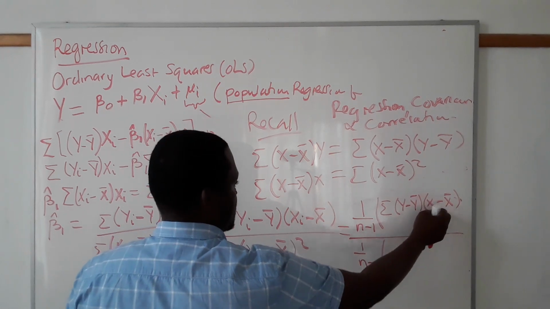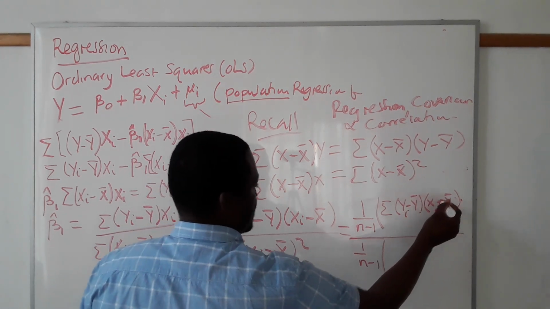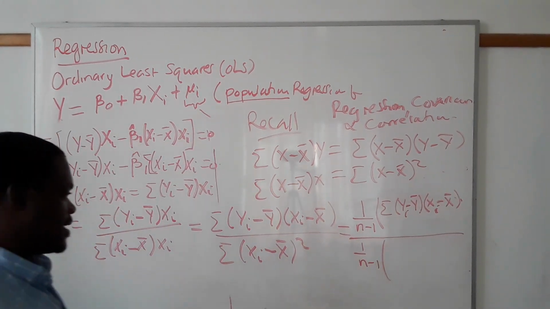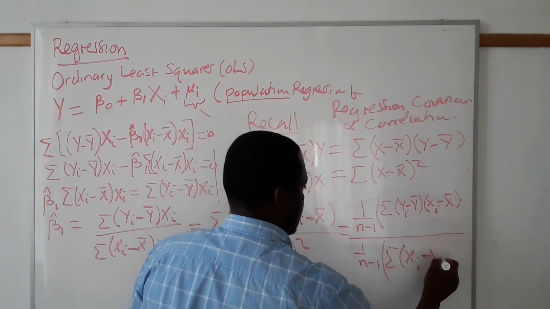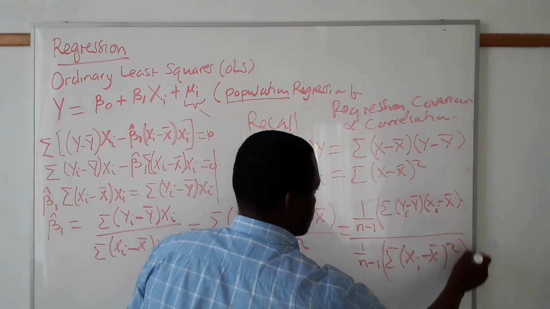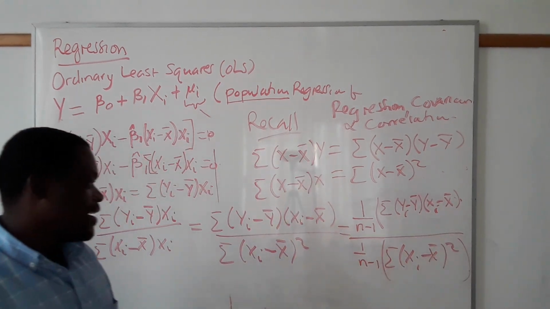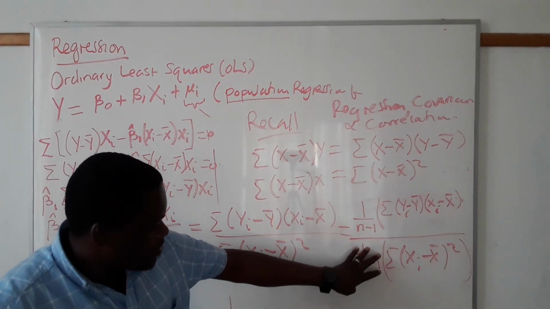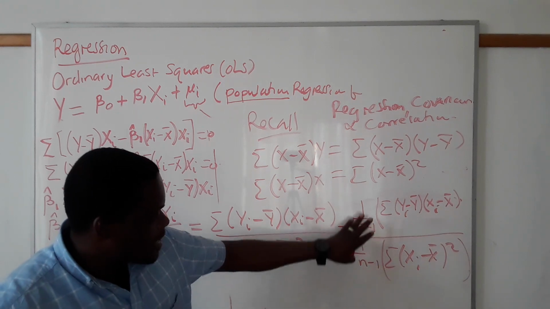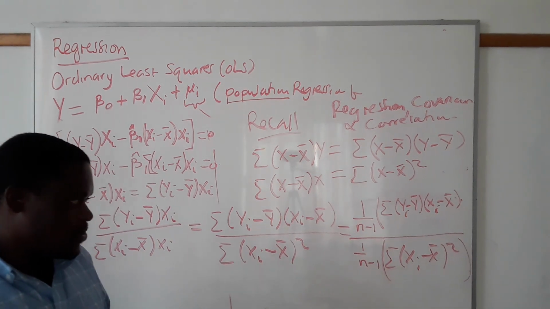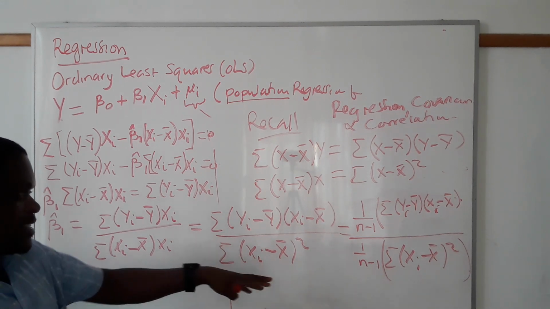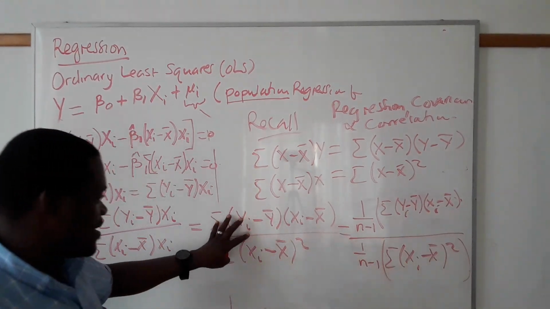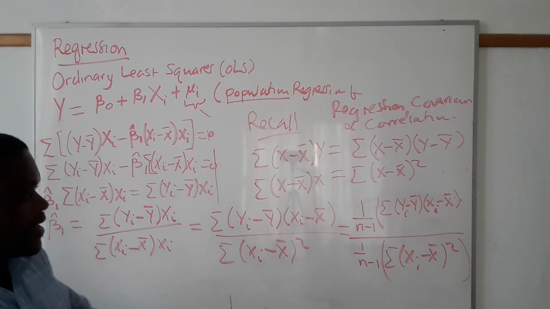I've omitted the i to save space, but know that it's there all the time. Below is the sum of x minus x bar squared. So this 1 over n minus 1 cancels that 1 over n minus 1. That's what I mean by multiplying by 1. We haven't changed anything. What you have there is the same as what you have here.